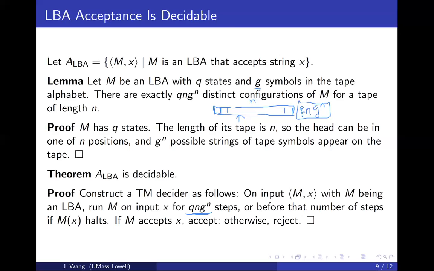So when you run that many steps, if it halts, it halts. If it doesn't, it also halts. And if M accepts the input, D will accept it, otherwise D rejects it. So A sub LBA is decidable.